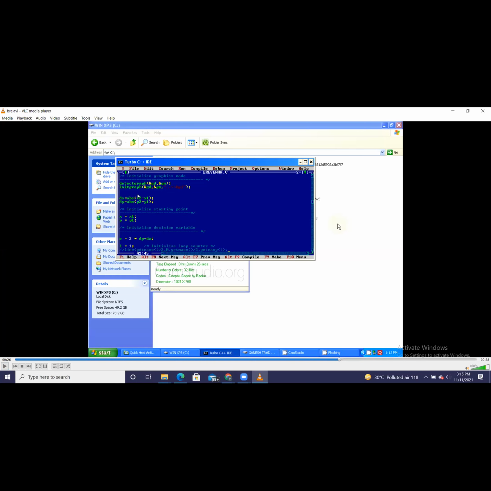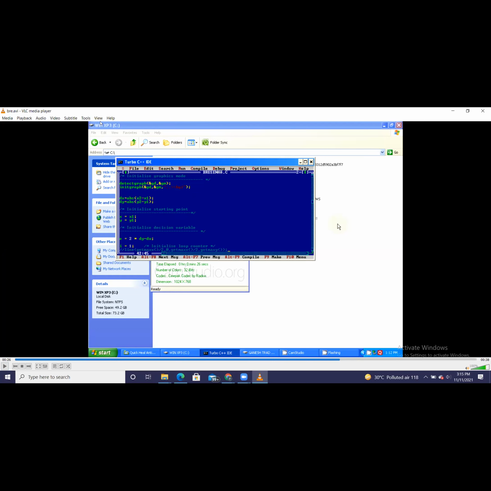Okay. So here, as usual, once the coordinates x1, y1 and x2, y2 are with me, I will be initializing graphics. Detectgraph, whether you use it or not, does not make any difference. It just initializes your graphics mode. It is also done in initgraph, so you can cut this line of detectgraph. It is not required.